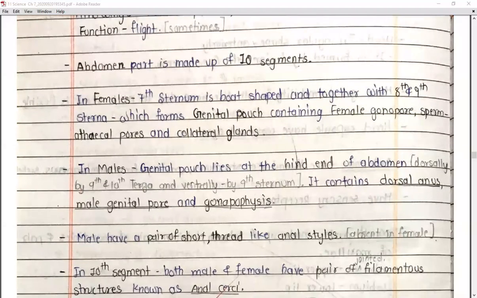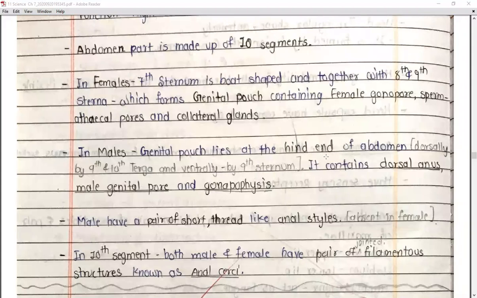While we are talking about males, the genital pouch lies at the hind end of the abdomen. It is present dorsally in the 9th and 10th terga, and ventrally by the 9th sternum, right? So it is present in two segments, and it is found on both sides, the dorsal as well as the ventral.